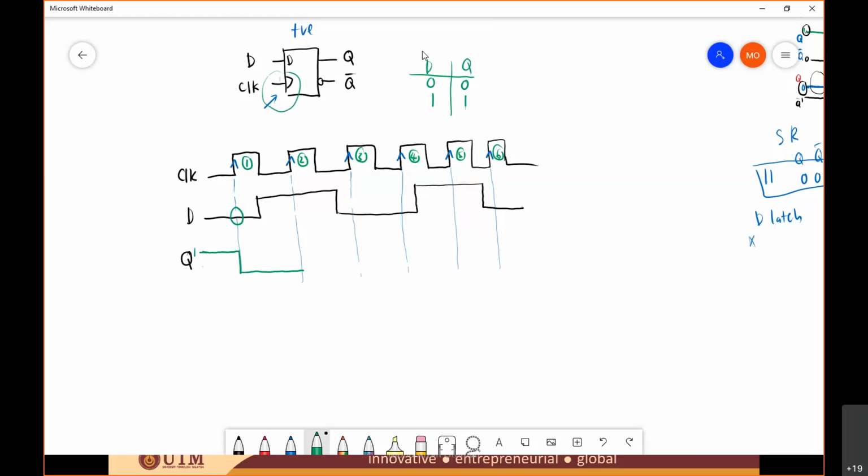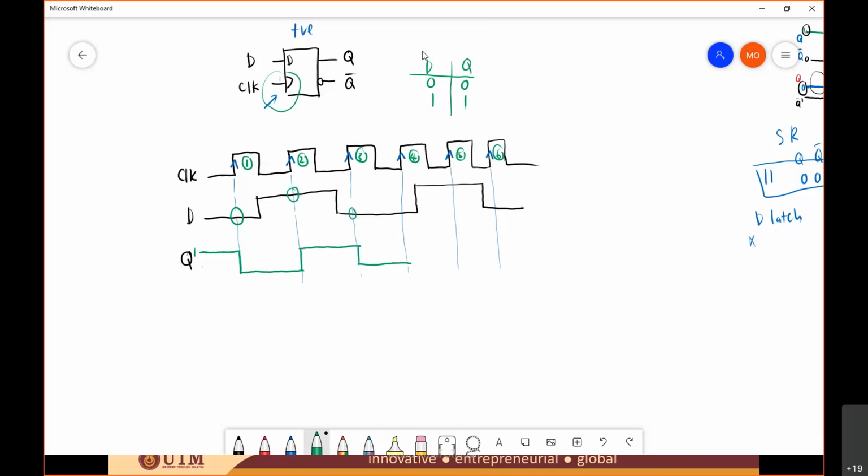Okay, so next, bila second clock cycle, which is the second rising edge, you're going to see what is your input D. Since this one is 1, so dia akan berubah daripada kosong kepada 1, sampailah the next rising edge. When here dekat cycle number 3, once D is kosong, so you jadikan dia kosong.